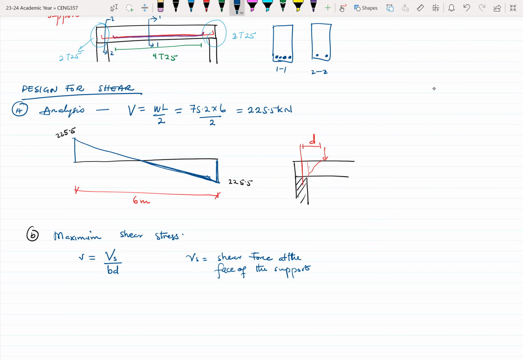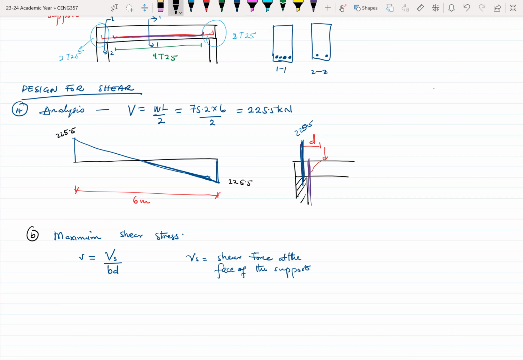Okay. So even though shear max, let me choose a different color, even though shear max would occur, so our 225.5, sorry, is occurring at the center point of the support, we are actually interested in the shear that is occurring at the face of the support, because usually that's where failure starts from. All right.